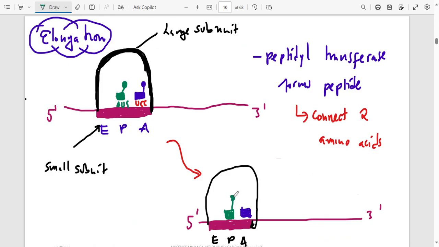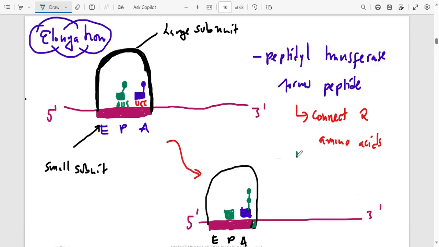You add this amino acid, the other amino acid, these two are going to connect like this. But this guy will actually be the one that is going on top there. So we have formed a bond, and this is what we are going to have. Can you see that we have got two amino acids now? In which site? In the A site. Please take note, A site.